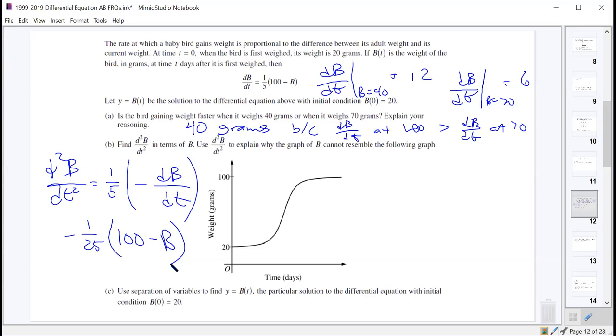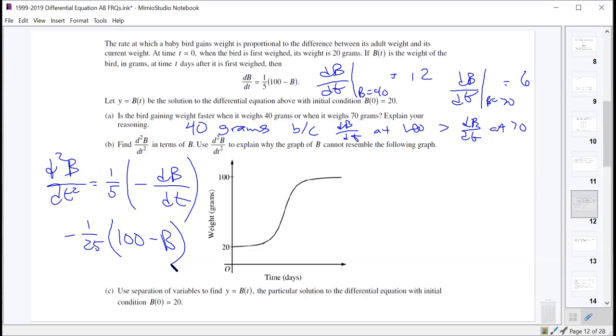Okay. All right, now, why can't this graph be the actual graph of b? Well, we're asked to find a second derivative, so that's going to tell us something about concavity, right? And what do we know about this bird? It sure looks like, according to the graph, that its weight is never going to go above 100, right? That its adult weight is probably going to be 100 grams.